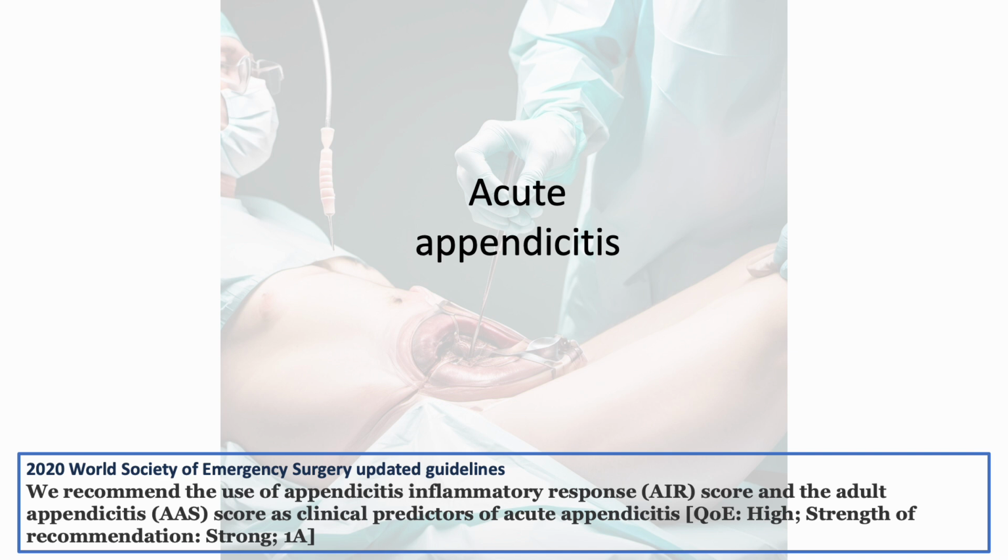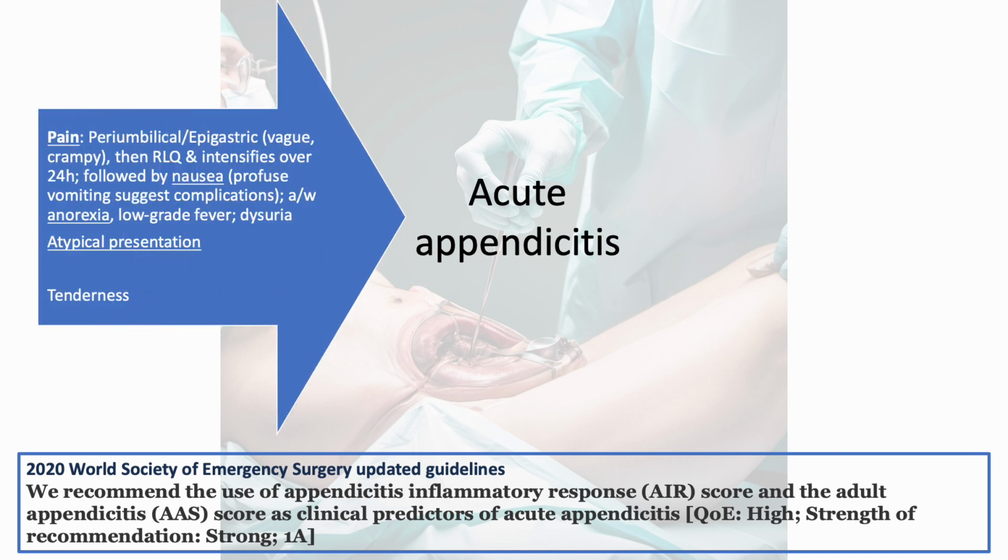And the diagnosis is made by a constellation of symptoms, the presence of physical exam findings, and some basic inflammatory markers. So the pain of acute appendicitis classically, not always, is described as starting periumbilical or in the epigastric area. And in that case, it's usually vague and crampy.